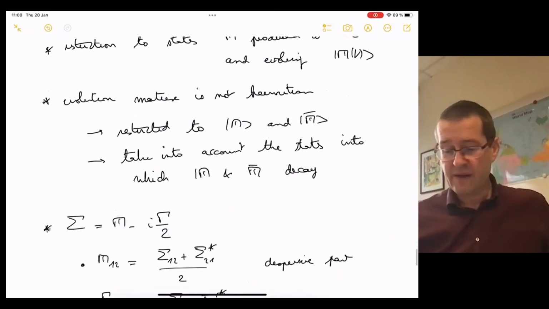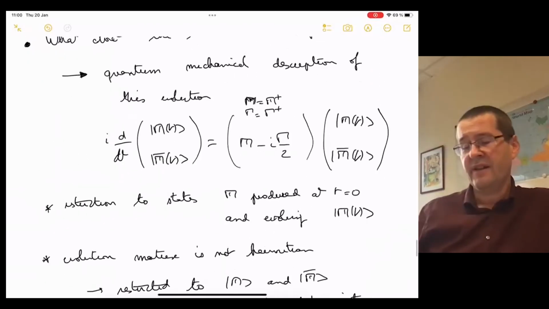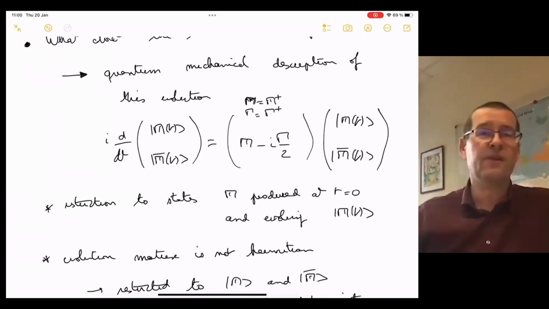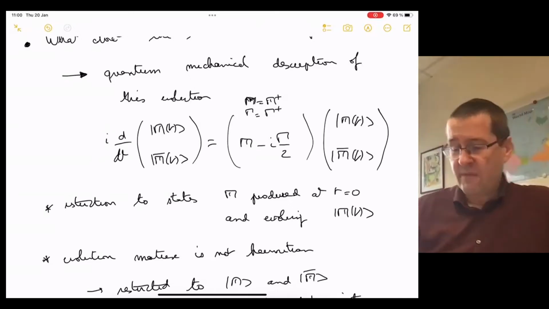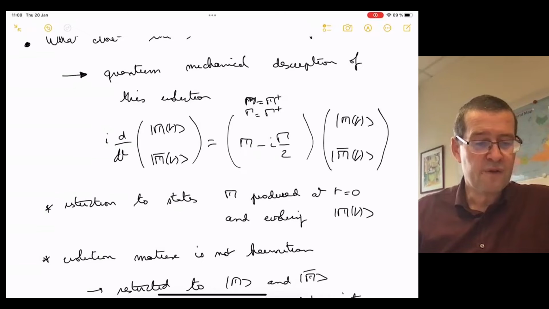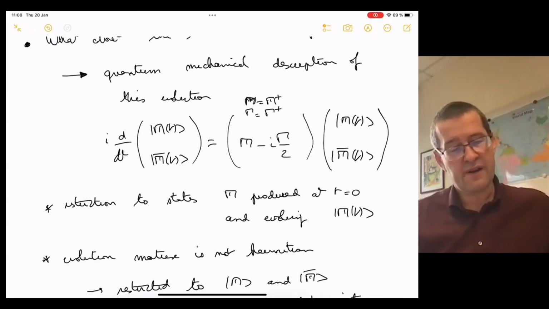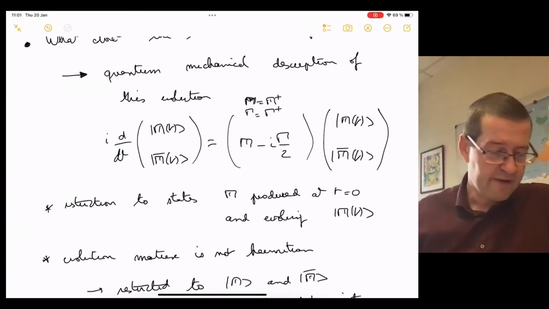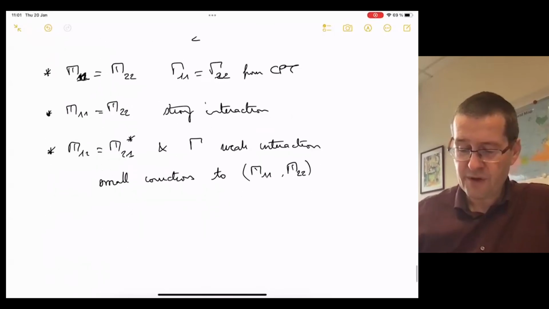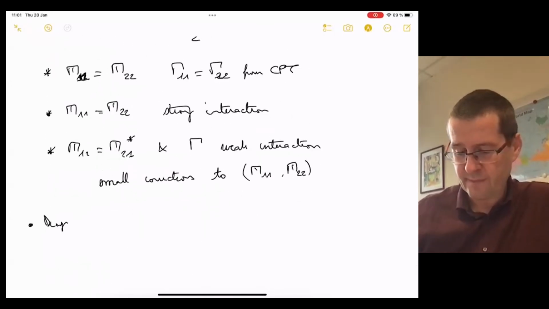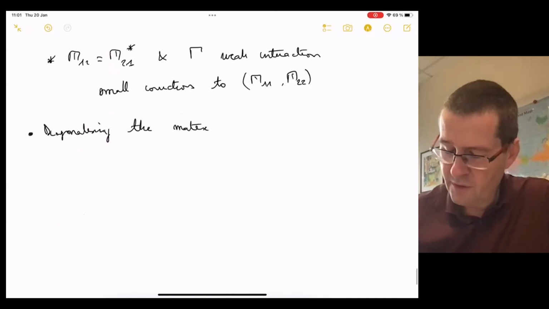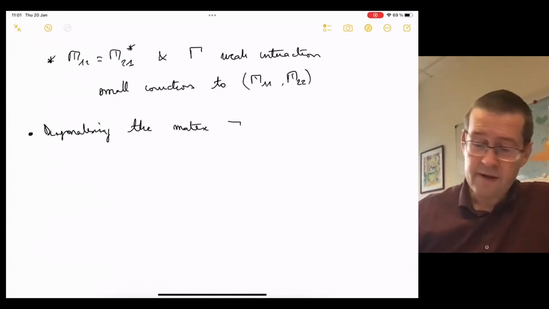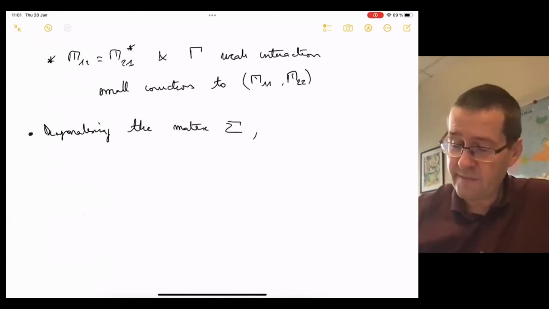And so obviously, if you want to describe more easily the evolution, that's not very complicated. You try to diagonalize the evolution matrix, that will give you the states that are actually of interest for the time evolution. Then you can solve the system.